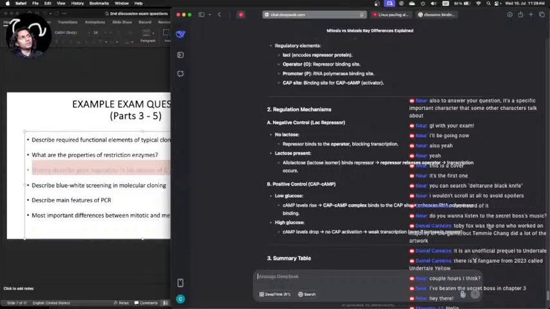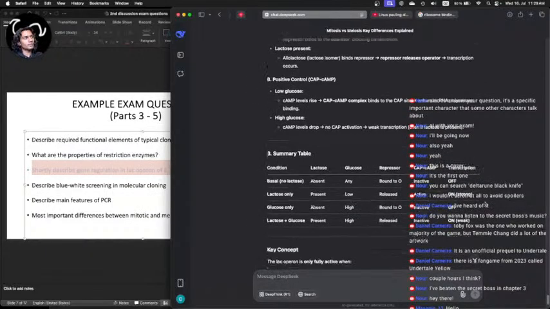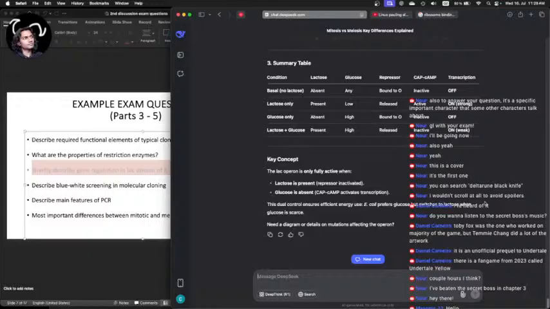Positive control: low glucose, cAMP levels rise. The complex binds to the CAP site and enhances RNA polymerase binding. High glucose, cAMP levels drop, no CAP activation, weak transcription even if lactose is present. The lac operon is fully active when lactose is present and glucose is absent.